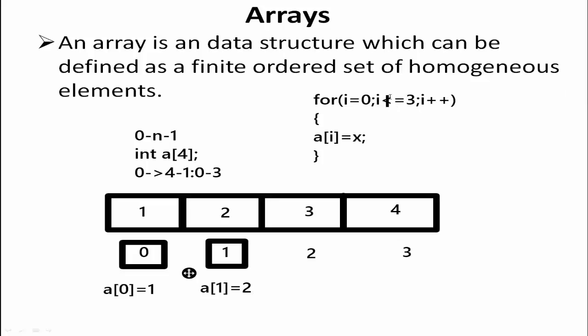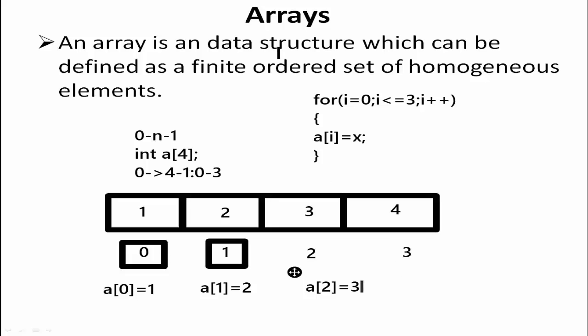The i value will be incremented. Initially it is 0, next it is incremented to 1 and next to 2. So what is array of 2? Array of 2 equal to 3.